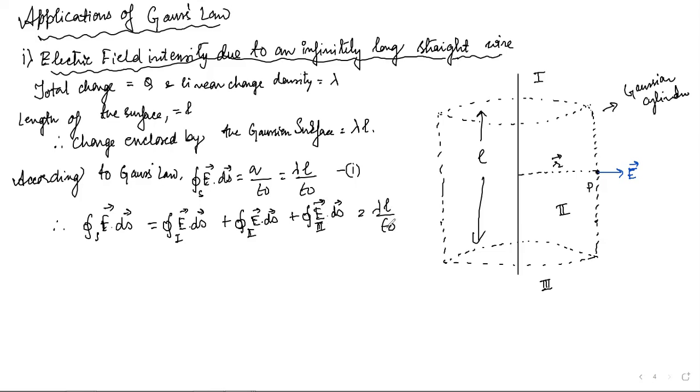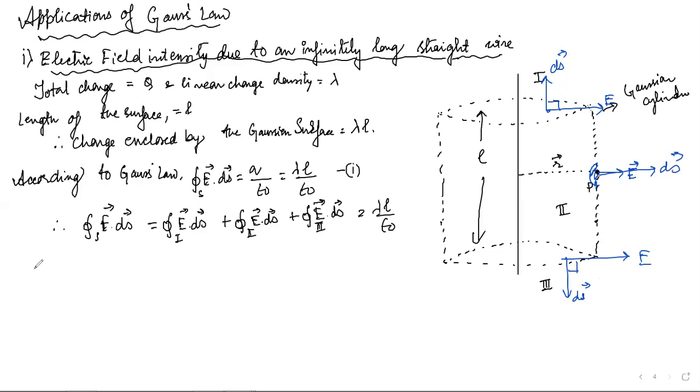Now it is very important for us to understand that at surfaces 1 and 3, the electric field will be in this direction, but the ds vector is in this direction. Similarly, at surface 3 also the electric field is in this direction and ds vector is in this direction. So they are perpendicular. And for surface 2, the electric field and ds are in the same direction. That is, ds means the area vector.